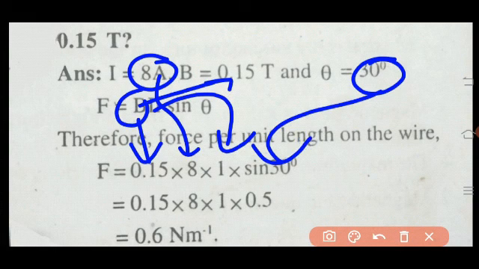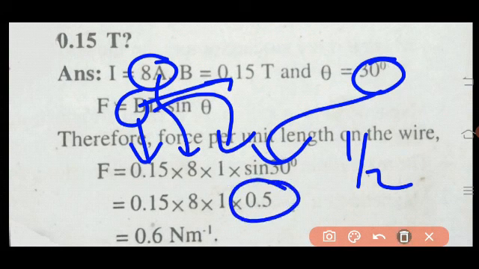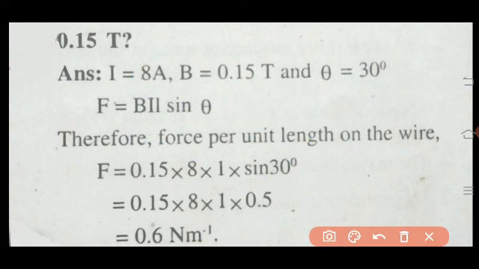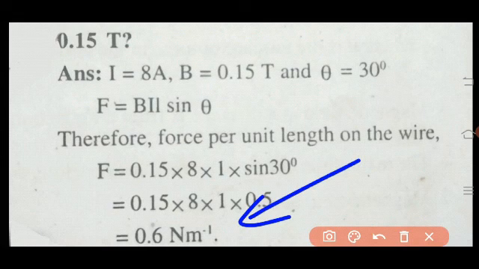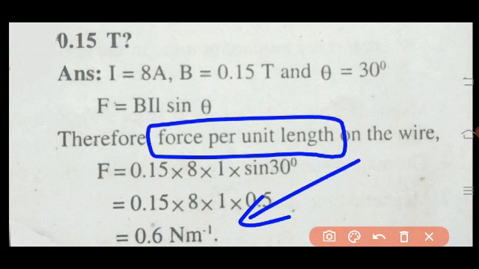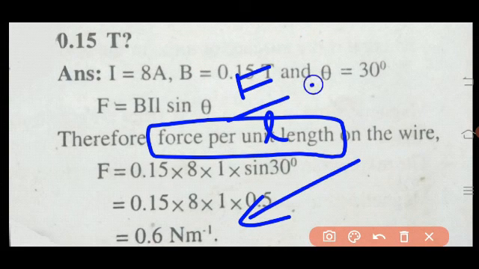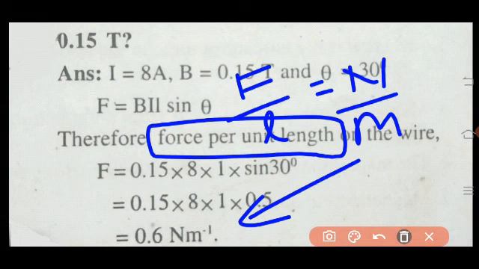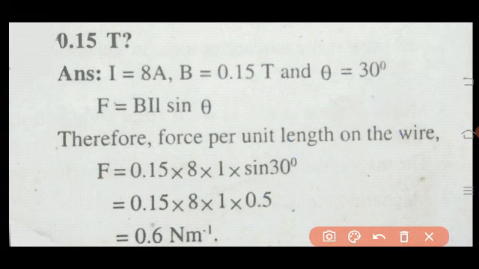You know, sine 30 is 1 by 2 or 0.5. So when you solve, you will get this result, 0.6. Then what is the unit? They have asked force per unit length, that is F by L. So the unit is Newton per meter. Newton per meter is the unit for this answer.